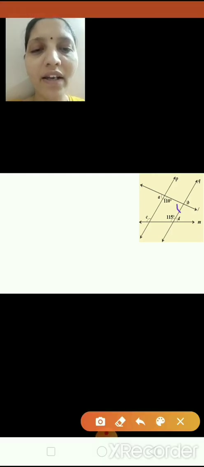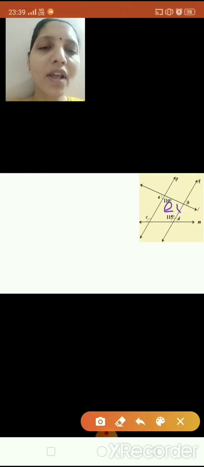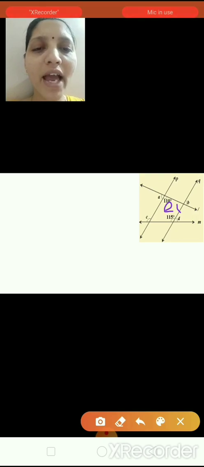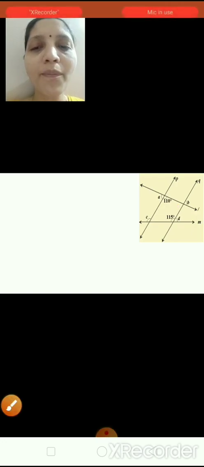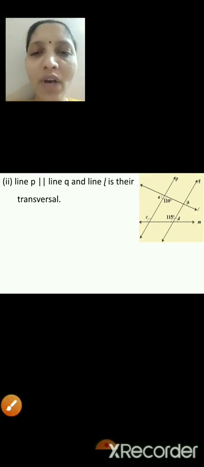Now let's try to find major angle B. To find major angle B, we should know this angle, and let this angle be E. Now to find this angle E, what can we do? The 110 degree angle and this angle E are interior angles. So accordingly we can write here line P is parallel to line Q and line L is their transversal.